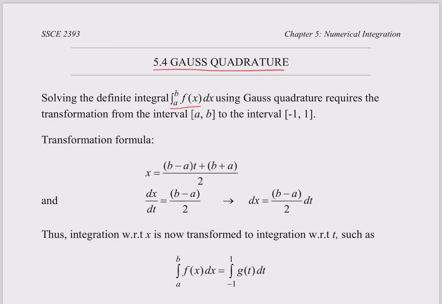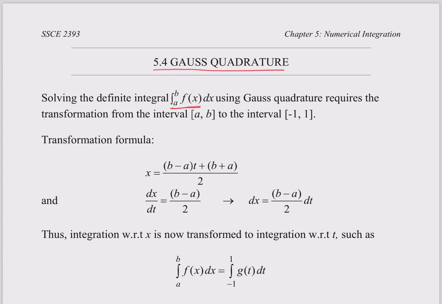And today we will discuss the same definite integral from a to b of any function of x with respect to x by using the method called Gauss quadrature. This is a powerful method to evaluate the integral numerically.